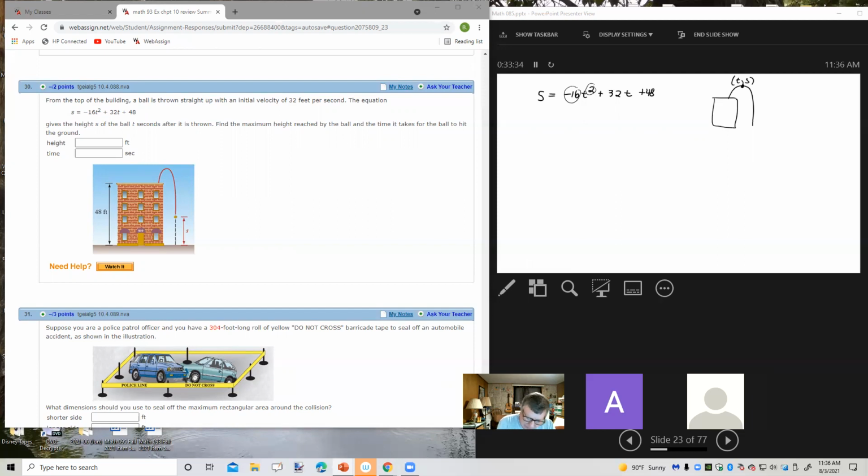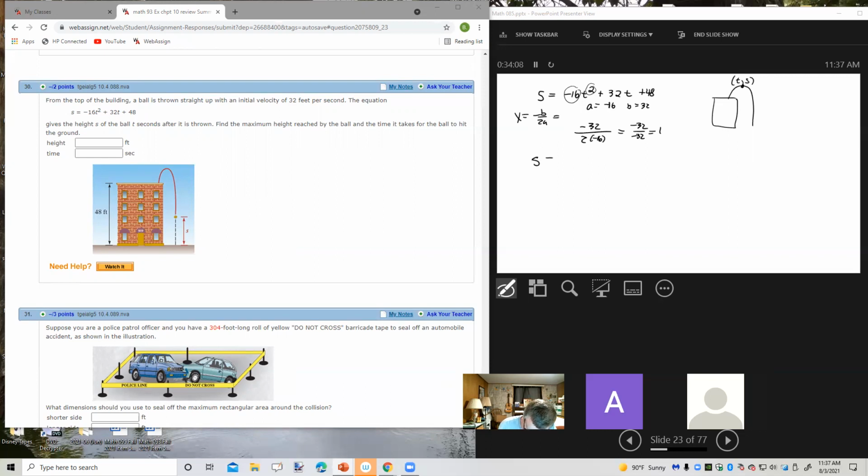Well, if we use x equals negative b over 2a, a is negative 16 and b is 32. So that's negative 32 over 2 times negative 16, which is negative 32 over negative 32, which is 1. So it reaches the maximum height after 1 second.